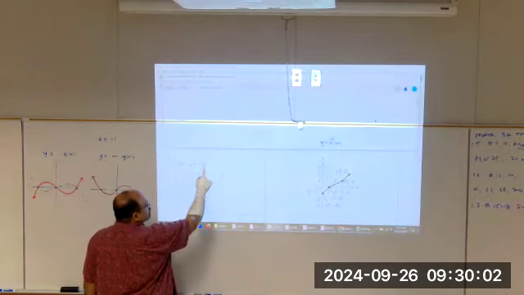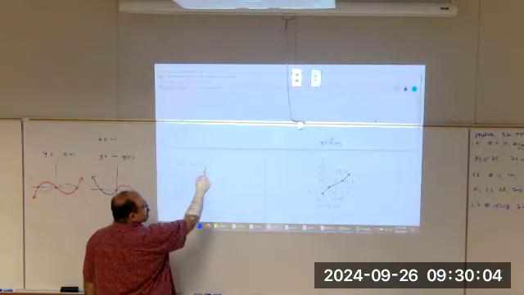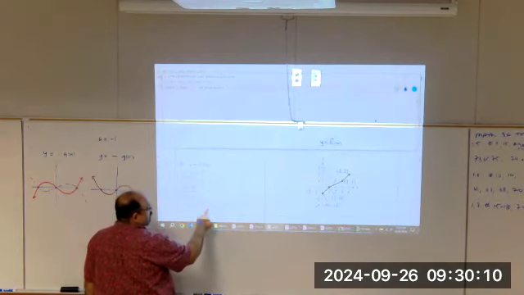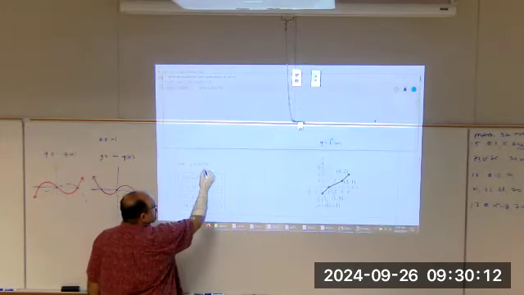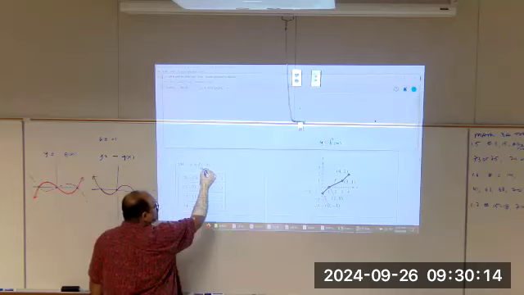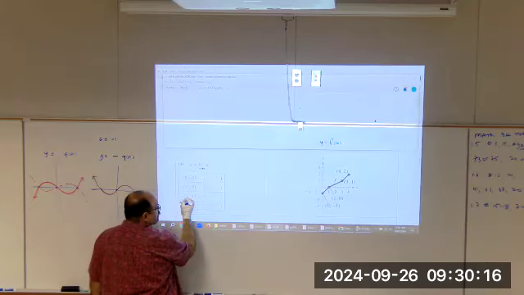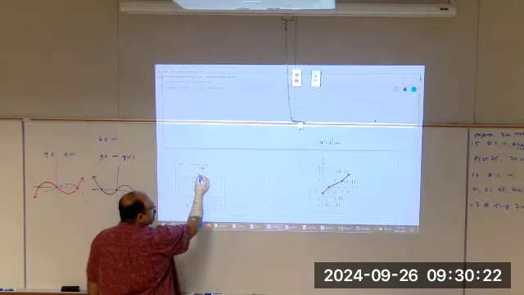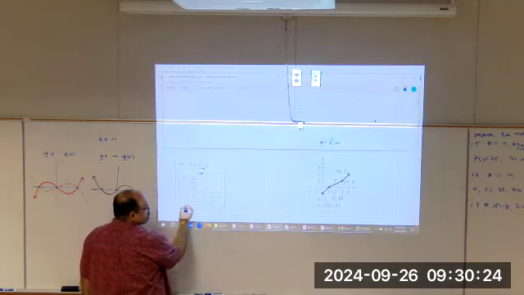What you have to do, since you see that there's something in front of x, your new x is going to change. How is it going to change? It's -1 times the old x. So -1 times 0 is what? 0.